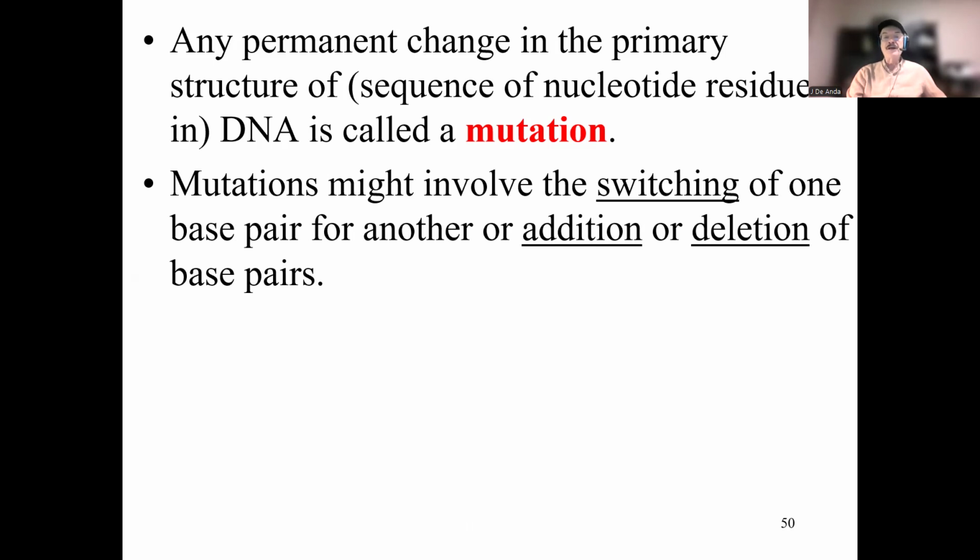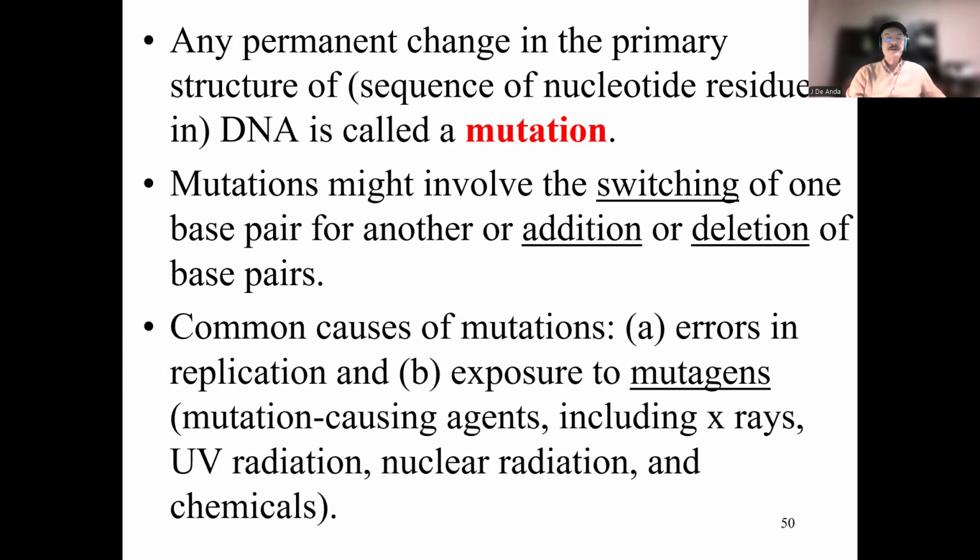Mutations can come in different ways. It could be the switching of a base pair, or it could be addition or deletion of base pairs. There are different kinds of mutations, and there are some common causes of mutations. Of course, there's always a possibility of an error in the replication process that didn't get caught by either the proofreading function of DNA polymerase or by the action of the various DNA repair enzymes.